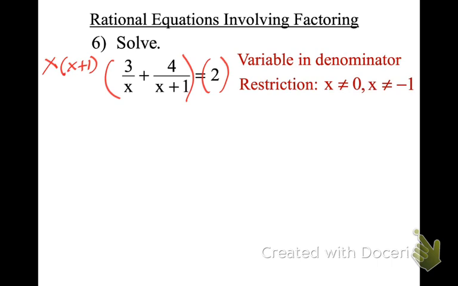Now, when I distribute, the x clears, and I'm left with 3 times x plus 1. Now I'm going to do it again. When I distribute here, the x plus 1 cancels, and I'm left with plus 4x. I'm going to do it a third time.